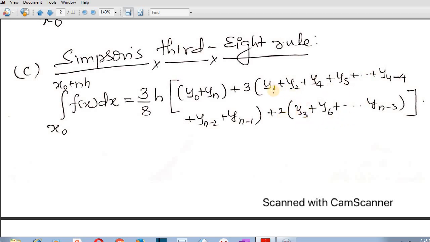The multiples of 3 are excluded from the first bracket and counted in the other bracket, so y3, y6 and y9 are not in the first bracket, while all the other values of y are.